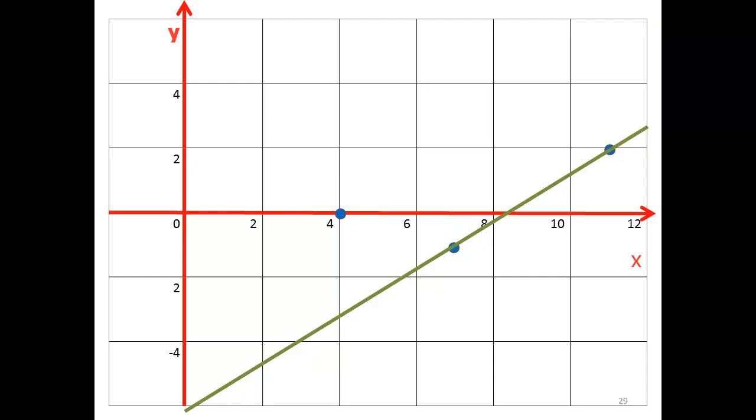Now plot the points of values of the second table and join these points with a straight line, and this is the graph of the second equation. These two lines intersect at this point, and this is called the point of intersection.